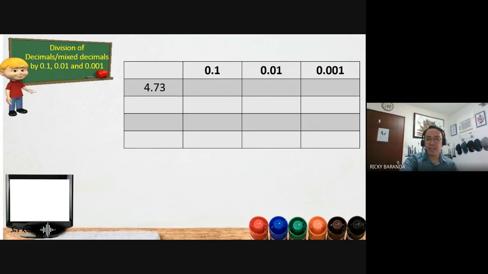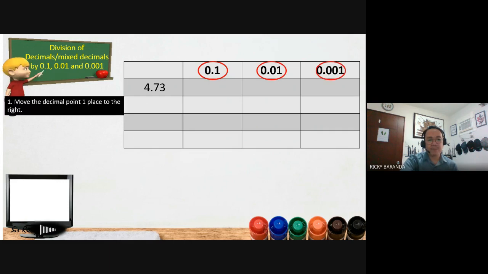Halimbawa, ito by tenths, hundreds, and thousands. Si 4.73, so to divide 4.73 by tenths, move the decimal point one place to the right.